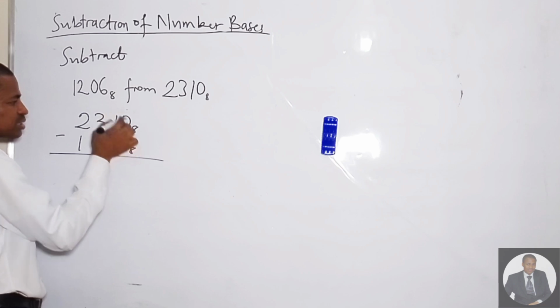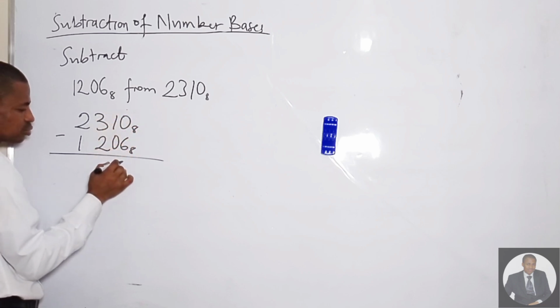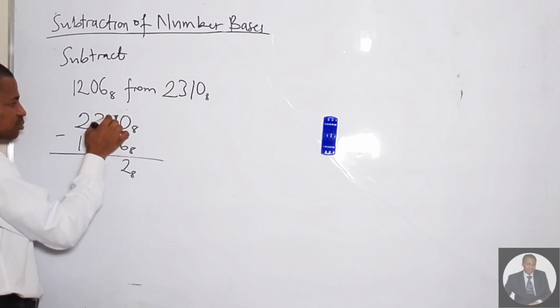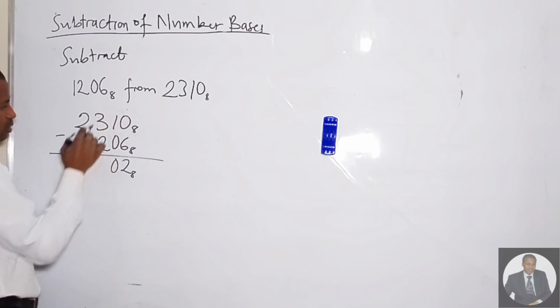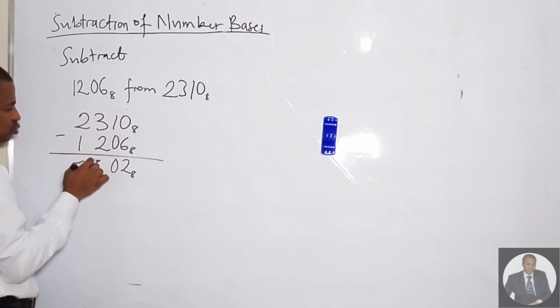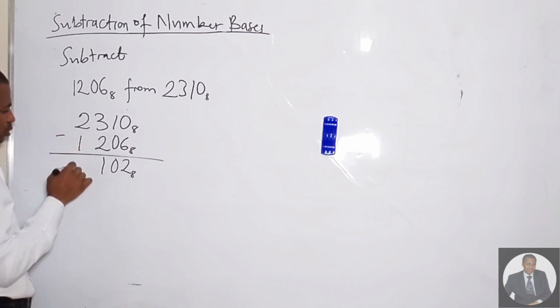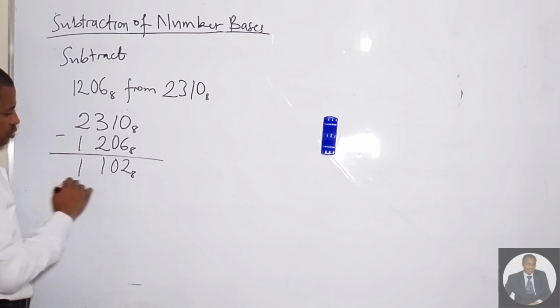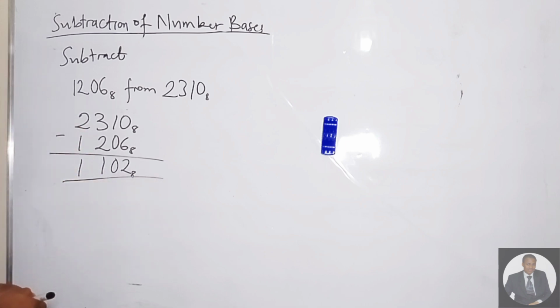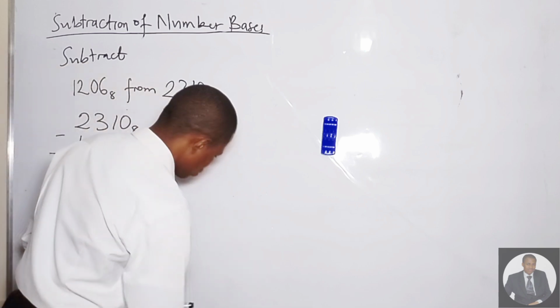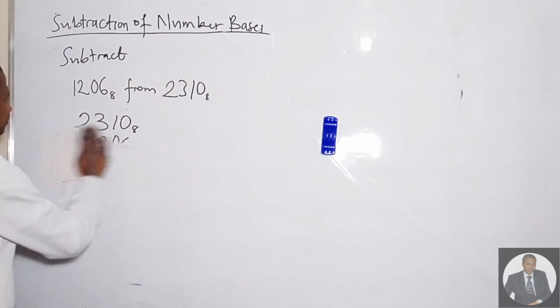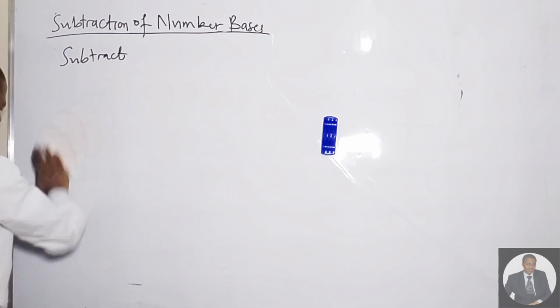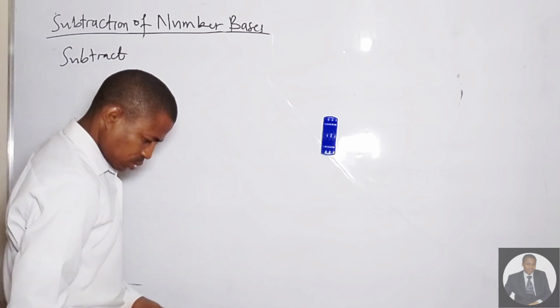Whatever one we borrow represents 8. 8 minus 6, 2. We are borrowing 1 from here, so this will remain 0. 3 take away 2, 1. 2 take away 1, 1. So our answer will be 1102 base 8.